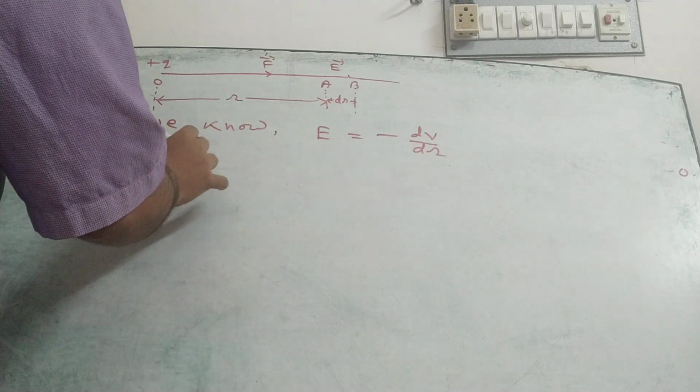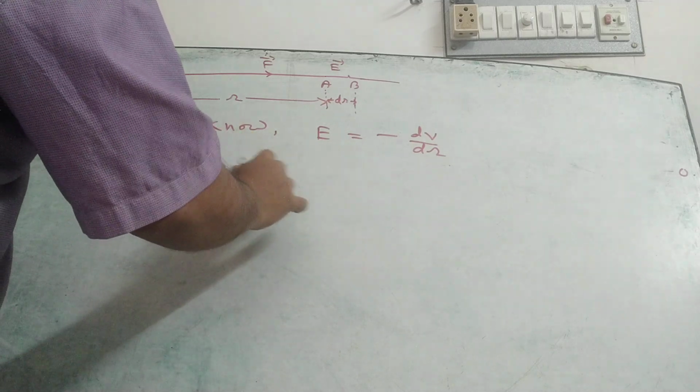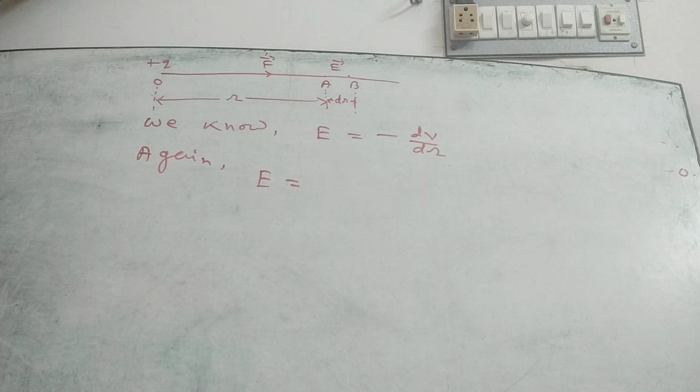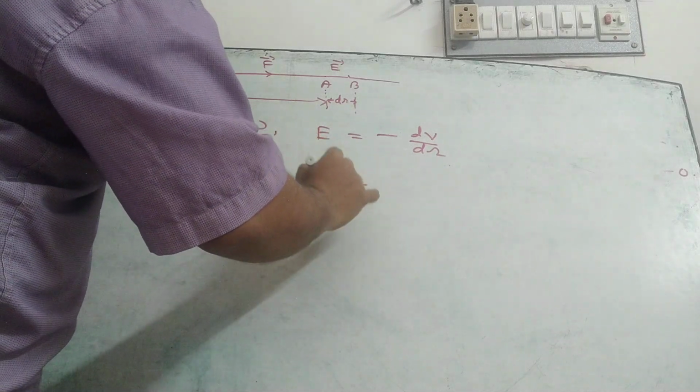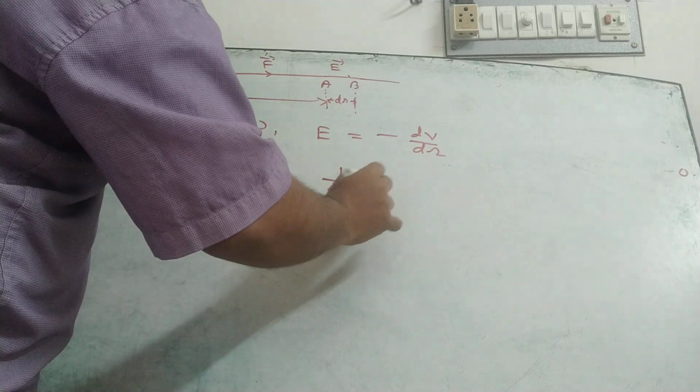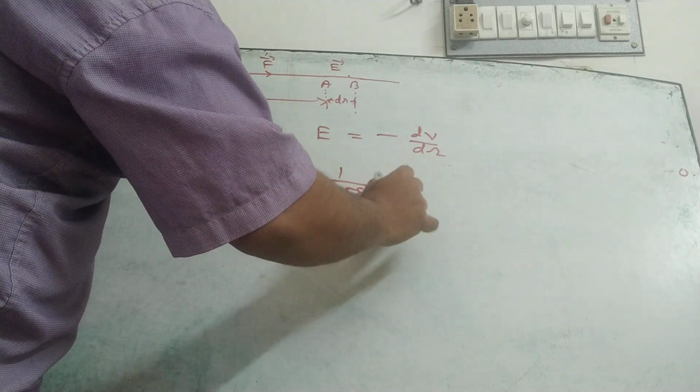Again, we know magnitude of electric field due to a point charge in air is equal to 1 by 4 pi epsilon 0 q by r square.